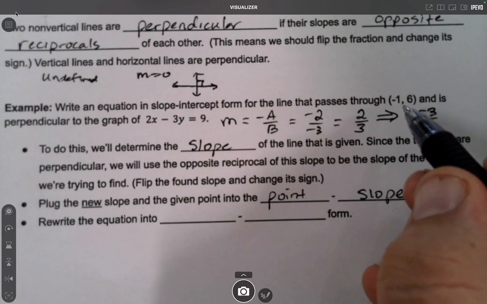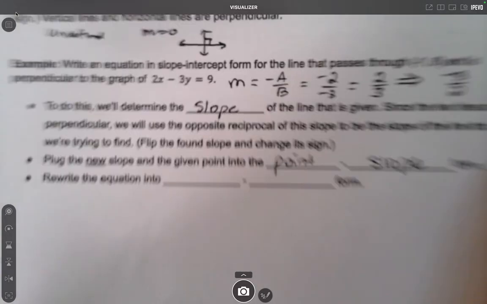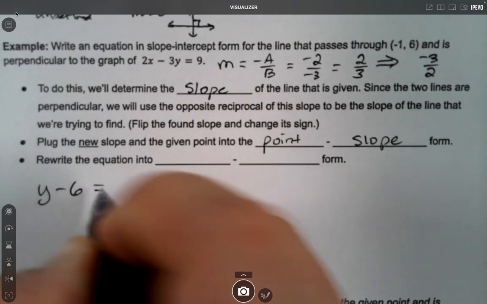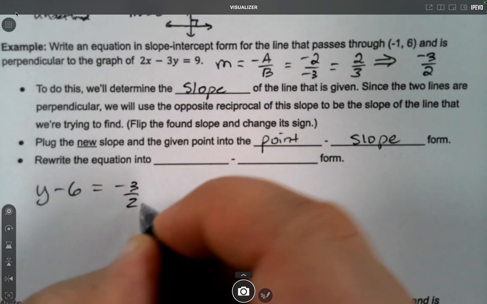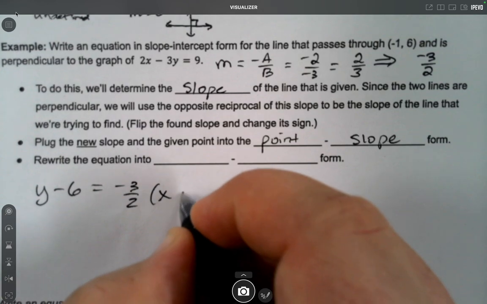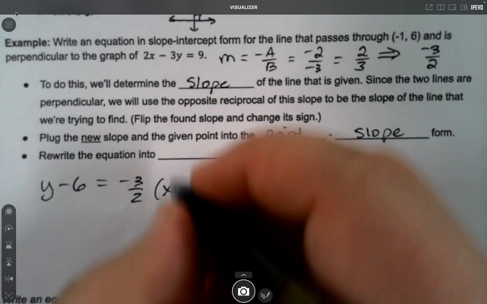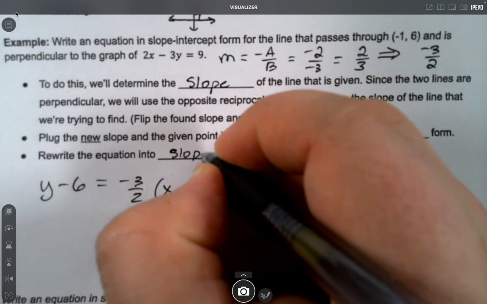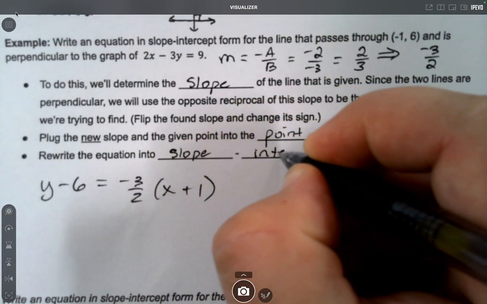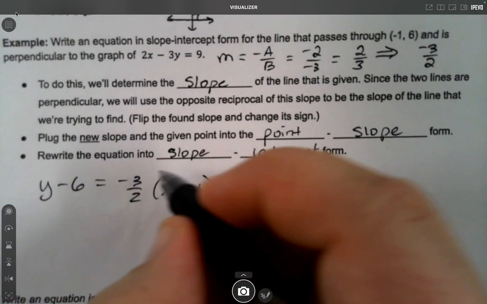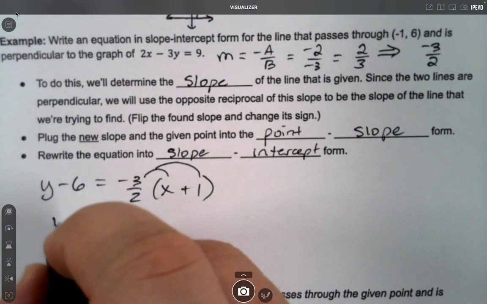We have this ordered pair and this slope. So I can say y minus 6 is equal to negative 3/2 times x plus 1, because it's minus negative 1. Then we'll rewrite the equation into slope-intercept form. To do that, I need to distribute the negative 3/2.